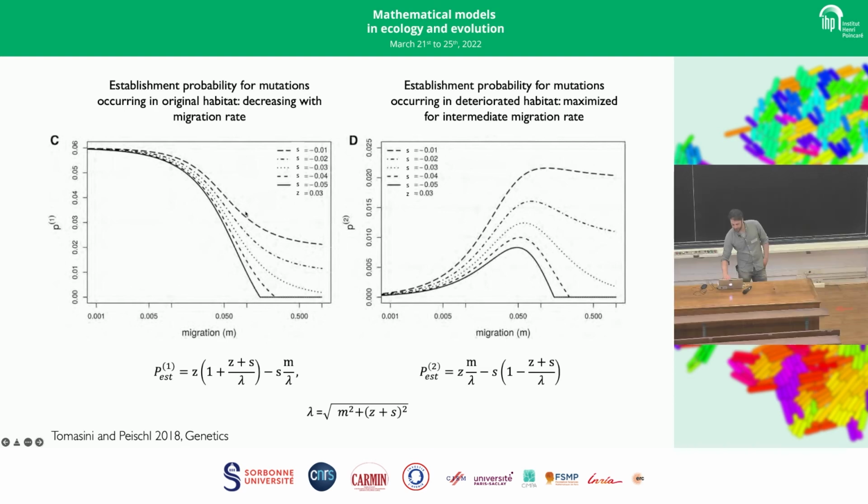If you take the black line here, it gets to 0. So even if you have a very strong demographic rescue effect, a rescue mutation cannot establish, and eventually the whole population will die. So these are the two effects of gene flow: the demographic rescue effect and the genetic rescue effect. And we model them really separately. We assume we can model the demography and we can model the fate of the rescue mutations independently, and then just plug it together.